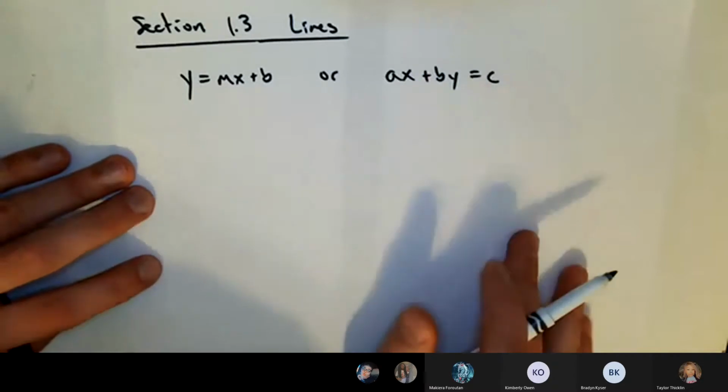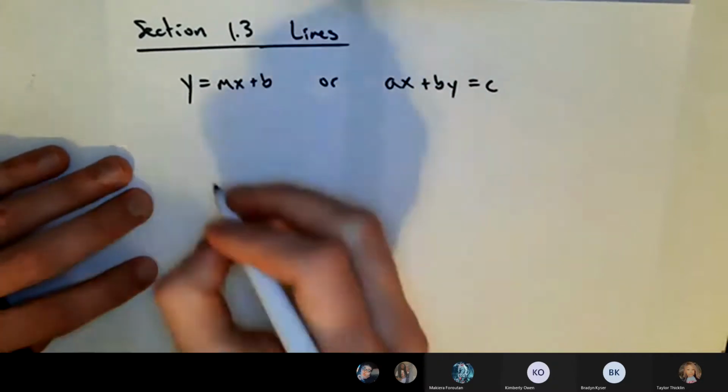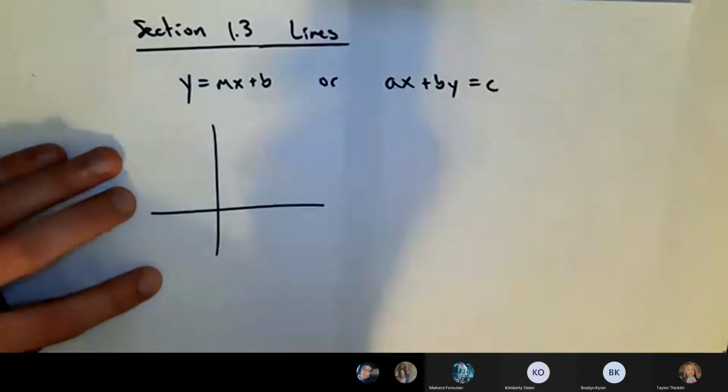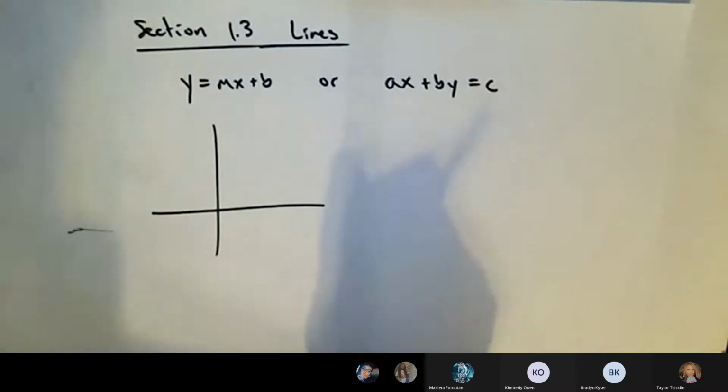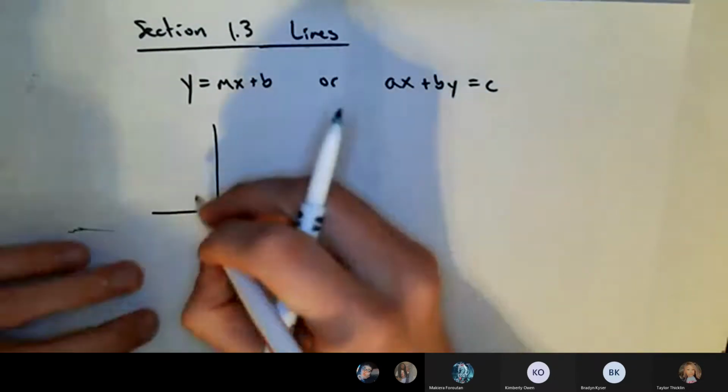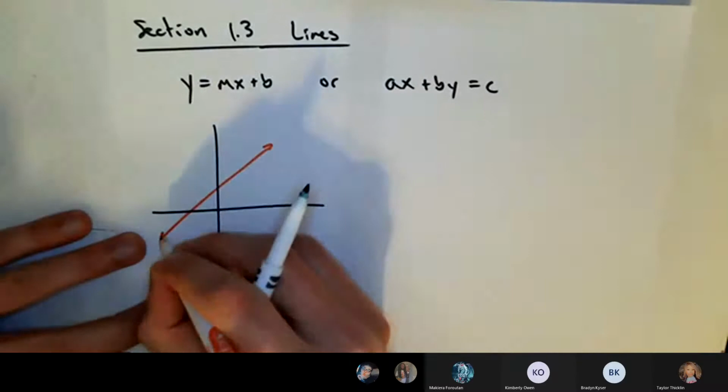Now on a graph, we like to talk about the slope of the line. So on a graph, if I graph a straight line, then I'll just arbitrarily put there's the line.